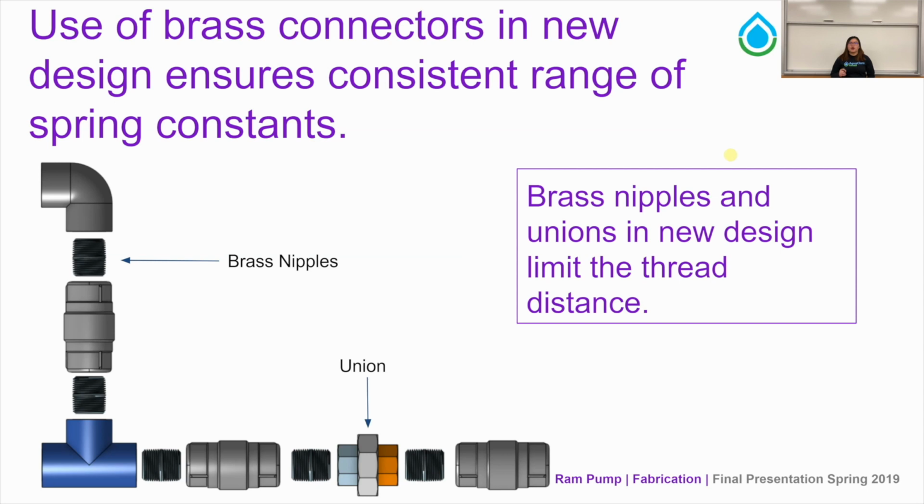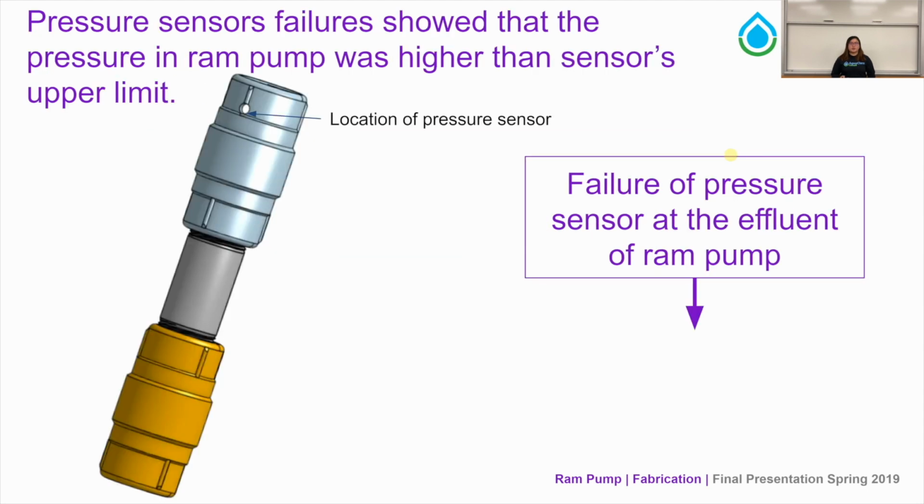In addition, throughout the semesters, we have had multiple pressure sensor failures with the current pressure sensors that we are using, which have a 30 psi upper limit and negative 30 psi lower limit. After these failures, we hypothesized that the actual pressure at the ram pump is higher than what the pressure sensors are reporting to us.